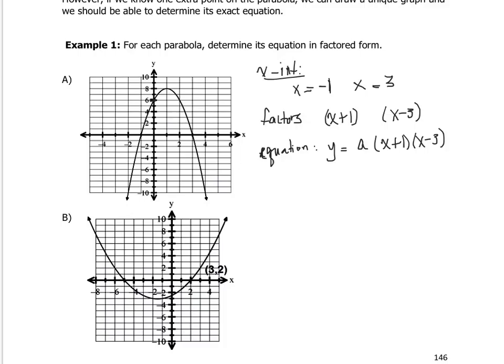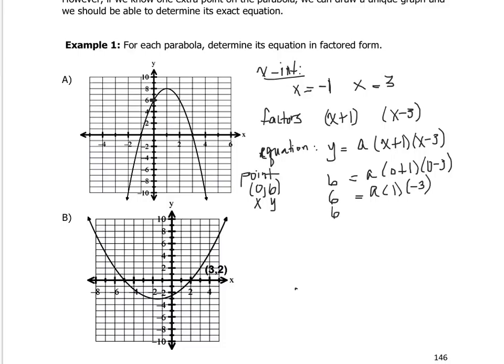I've got the point (0, 6). If I fill in that for x and that for y in my equation, this should be a true equation. So 6 equals a times 1 times -3, which means 6 is equal to -3a.